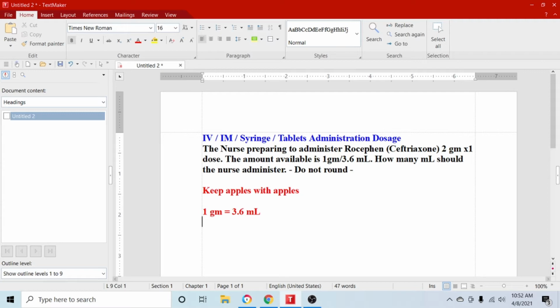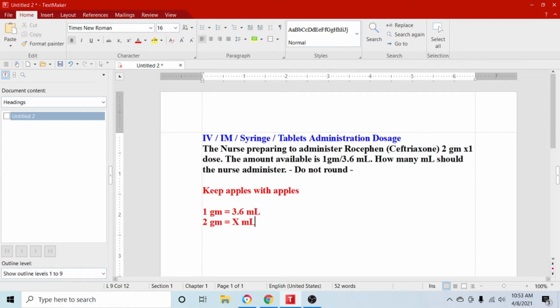So put it right underneath. Put the 2 grams right underneath. 2 grams equals X ml. And you can do your conversions for everything like this, right?